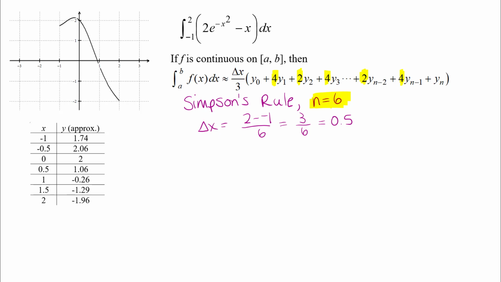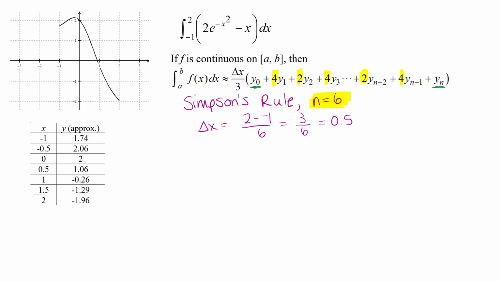The textbook goes through the development of this formula and why these coefficients are the way they are, but it's a long derivation, and most students find it a little bit easier to just memorize the pattern. So we have 4, 2, 4, 2 for the coefficients, ending with 4. Remember that just like in trapezoidal rule, the ones on each end don't have a coefficient written in front of them, so we can think of that as a coefficient of 1.